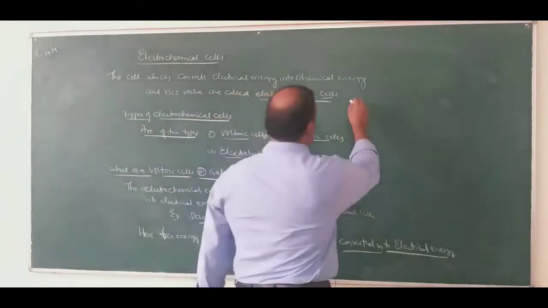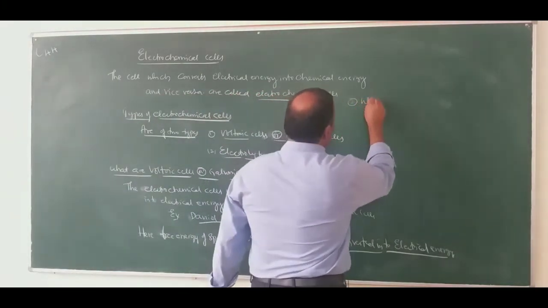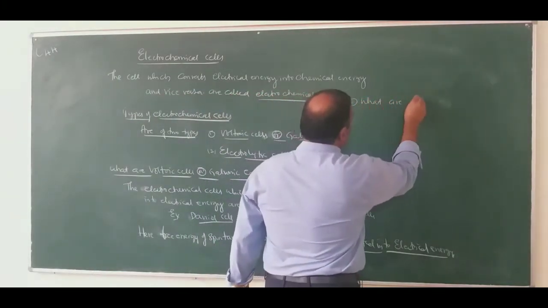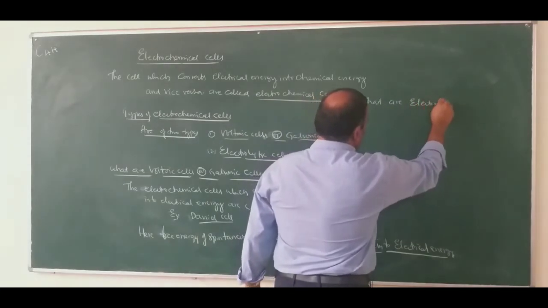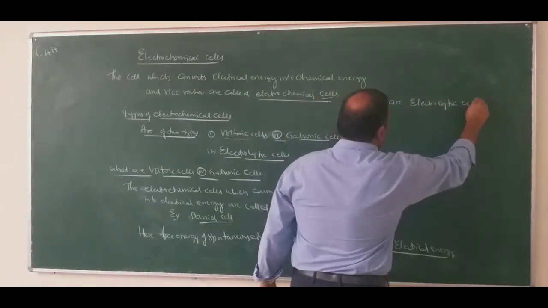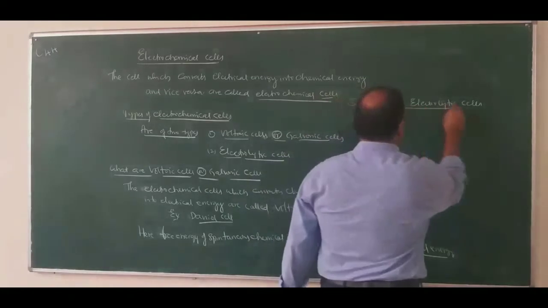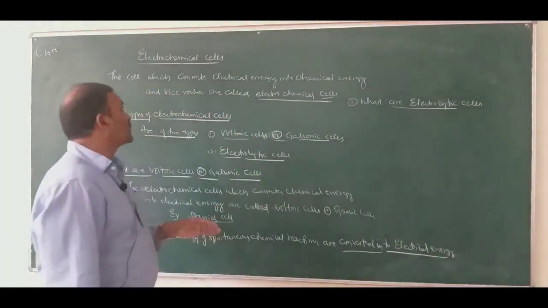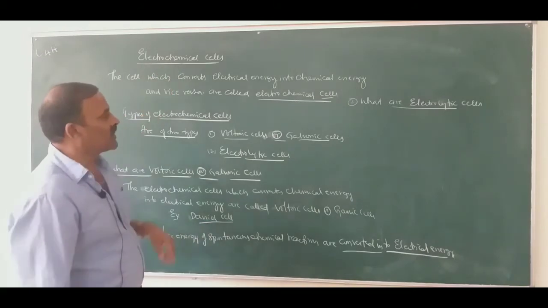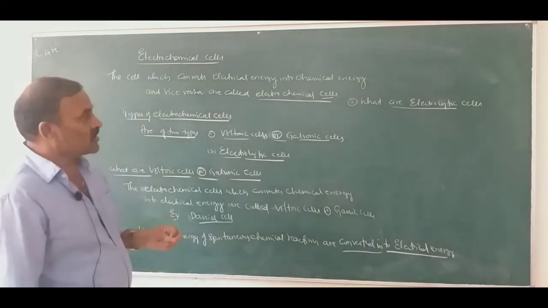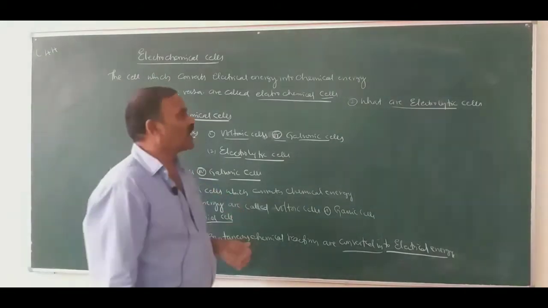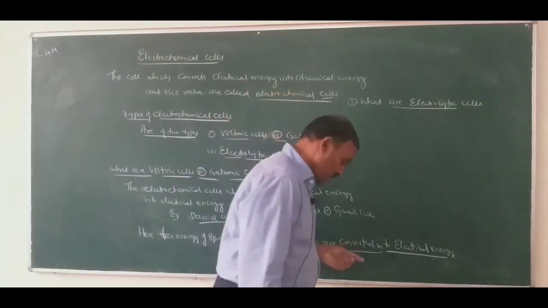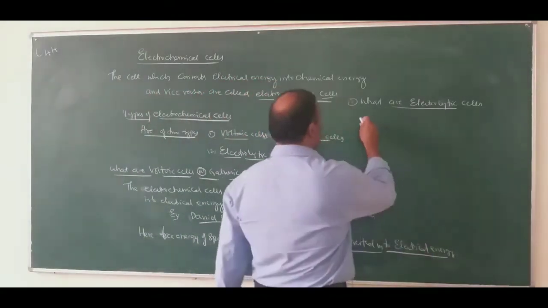So now we will study what electrolytic cells are. What are electrolytic cells? Electrolytic cells are also electrochemical cells, which convert electrical energy into chemical energy. Here electrical energy is converted into chemical energy.